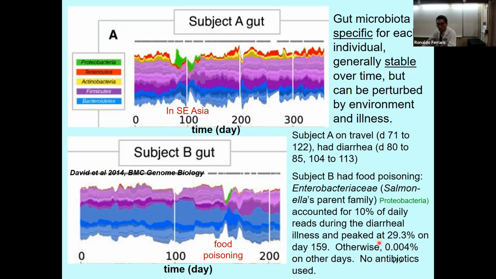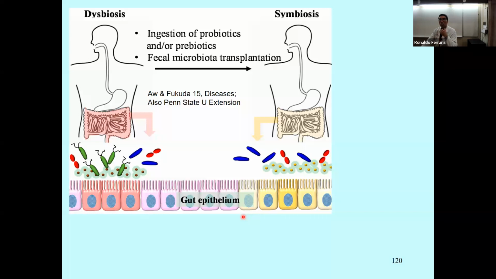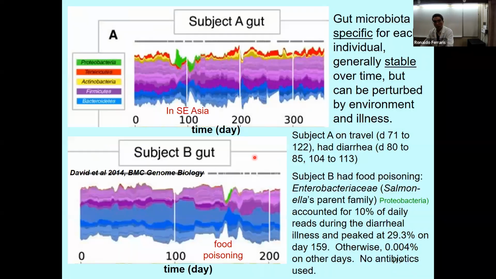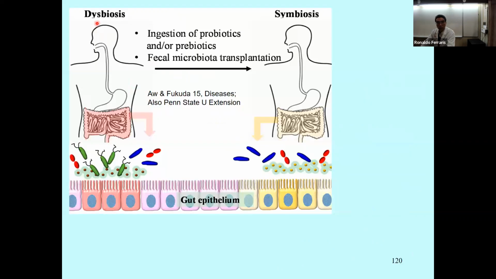Normally proteobacteria are found in low levels, but actually they're not found under normal conditions. So when you have situations like this, your gut microbiota becomes dysbiotic, is the term, when you have bad microbes inhabiting your gut.